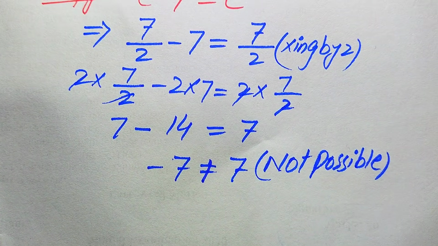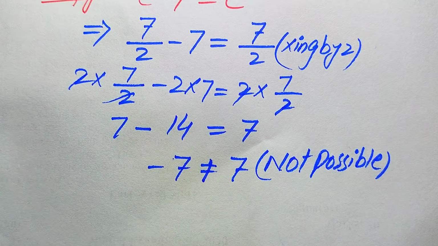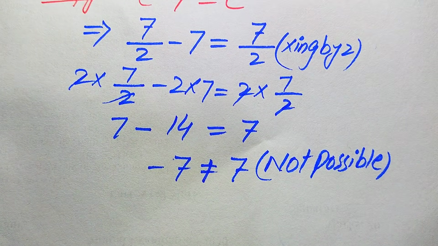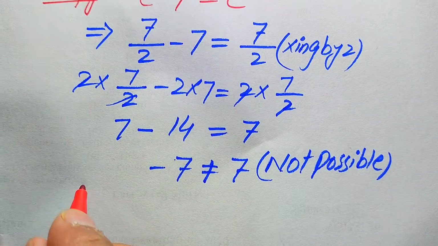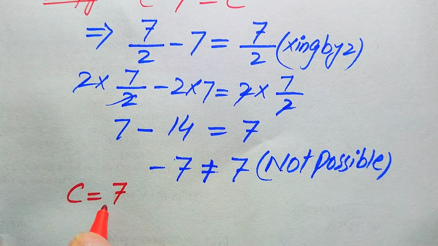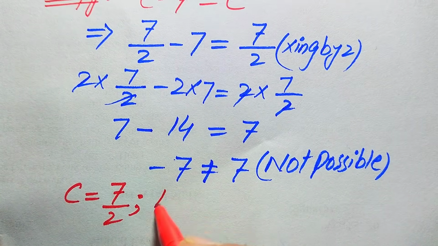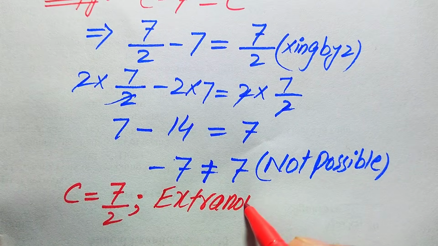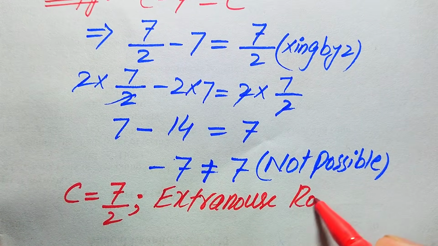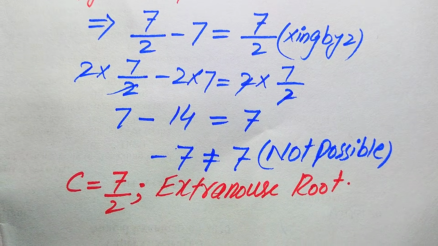These values are not equal, so it means that the value c equal to 7 over 2 does not satisfy our given question statement, and we call c equal to 7 divided by 2 the extraneous root of the given equation. It is an extraneous root because it does not satisfy our given question statement.